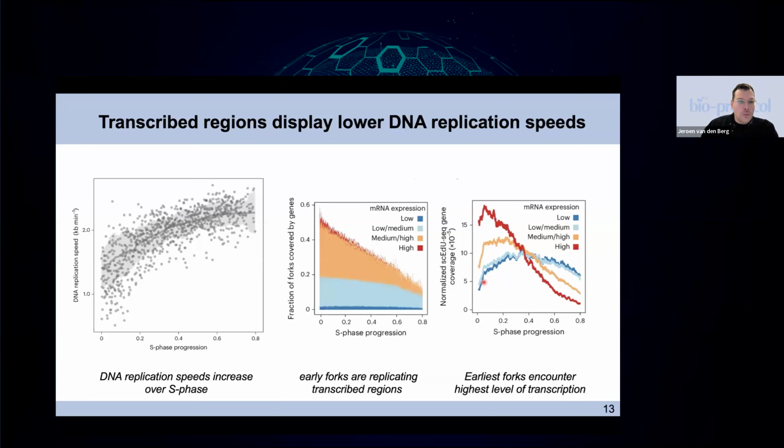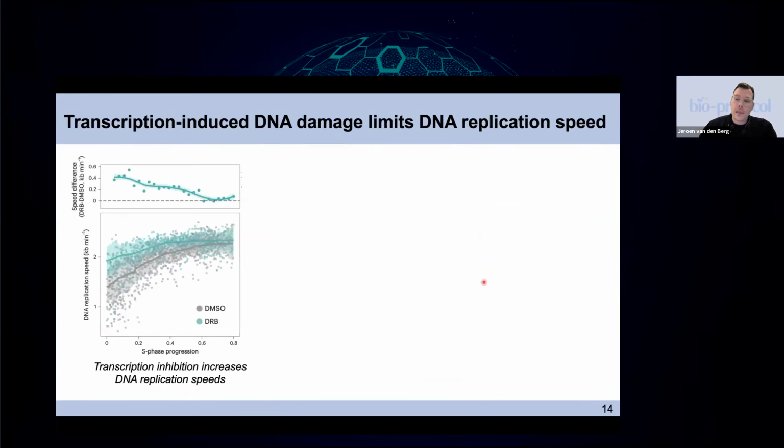So next we wondered, how is transcription actually responsible for these lower replication speeds? In order to do that, we used an RNA polymerase II inhibitor, which is called DRB, where I've now labeled the cells in cyan for the DRB condition and gray for the DMSO.